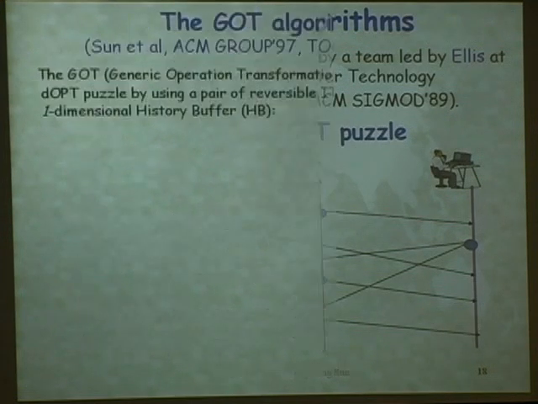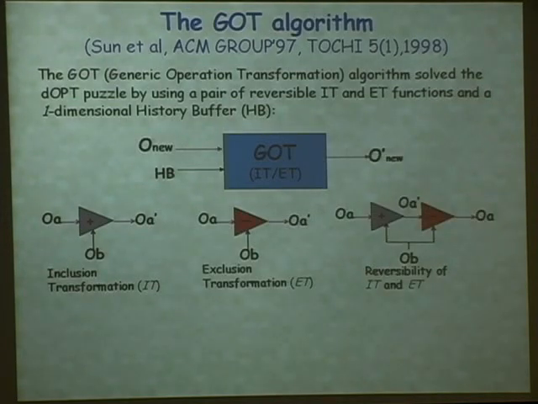One of the solutions was from my group, and we designed the generic operational transformation algorithm, the GOT algorithm, which is based on the use of a pair of reversible transformation functions. One is IT, which stands for inclusion transformation. The other is ET, exclusion transformation.